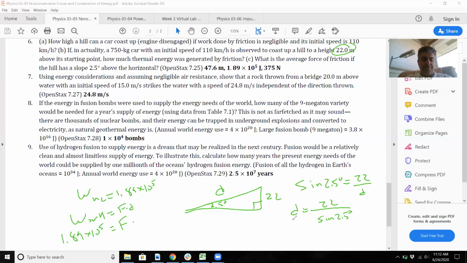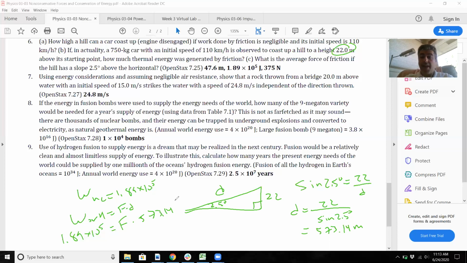So let's see. So remember, I got 25 divided by parentheses sin 2.5. So you should get about 573.14 meters.